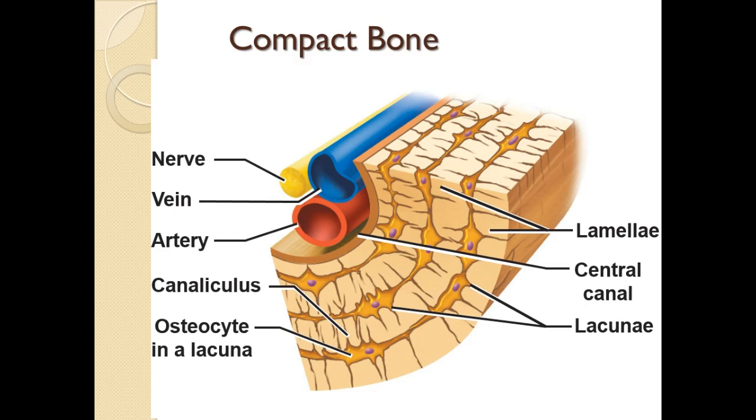So if you look at this picture, notice, right here where the line is passing through, if you look at the word central canal, the line that goes across is going across three cells there. So three lacuna spaces that are filled with cells, osteocytes.